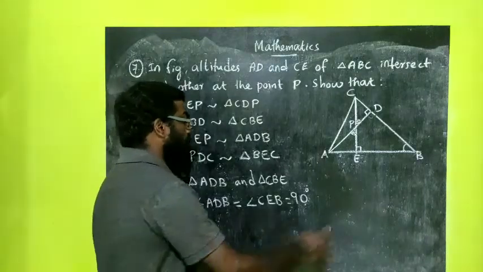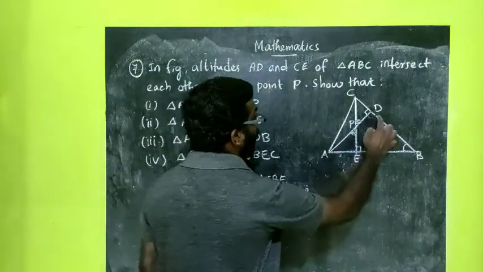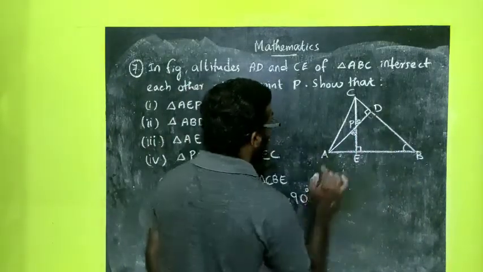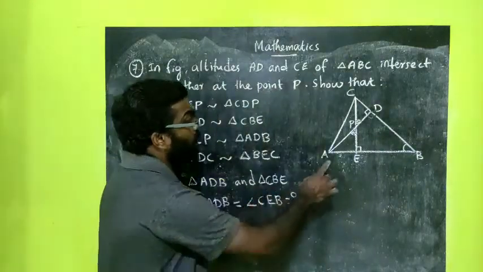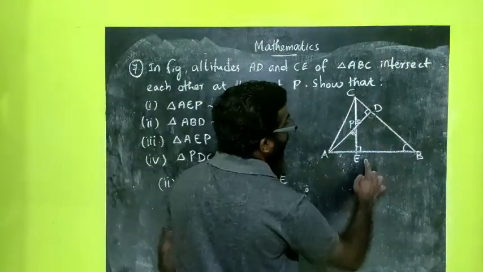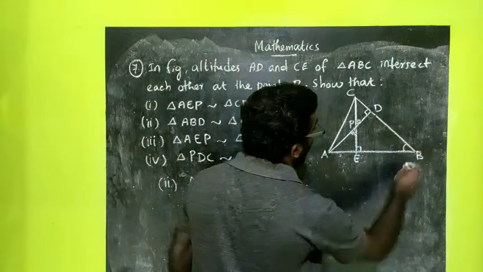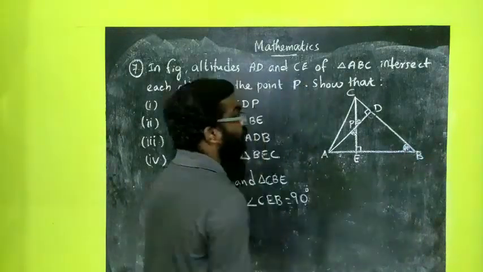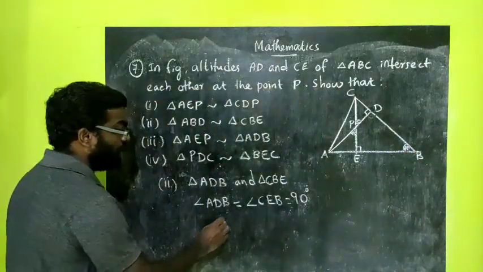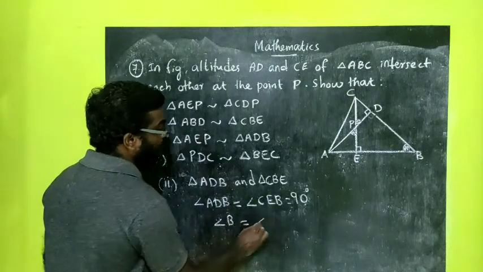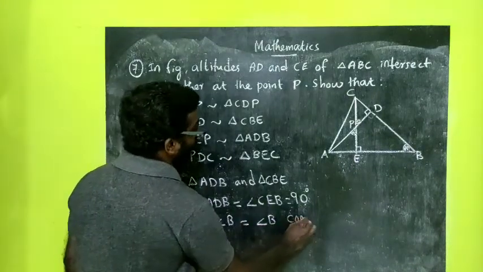Okay. So if we consider triangle ADB and CBE, the two triangles have common angle, angle B. So we can write angle B equal to angle B common.